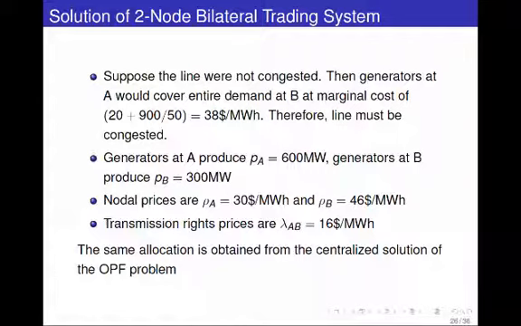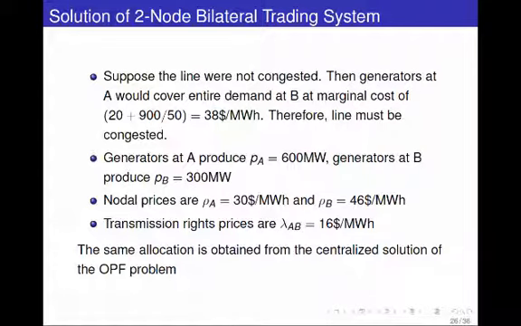The prices at A will be the marginal cost of the 600th megawatt, because that's the most expensive guy, so that comes up to $30. And the prices at B will be the 300th megawatt of the cheapest guy in location B.